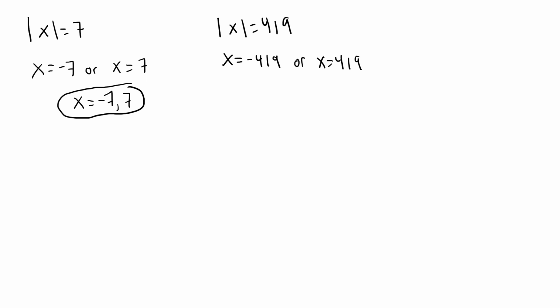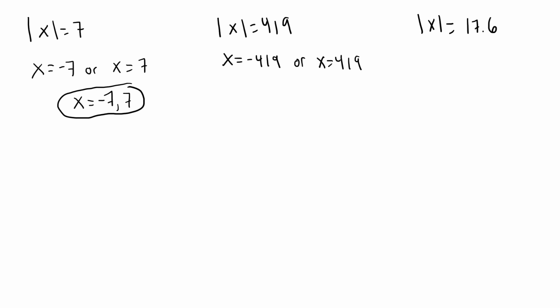Okay, let me give you an example. The absolute value of x equals 17.6. Pause the video and write down what you believe the solution or solutions to that absolute value equation will be.